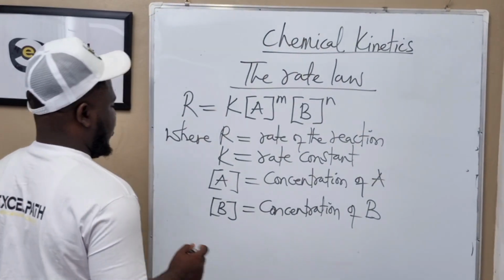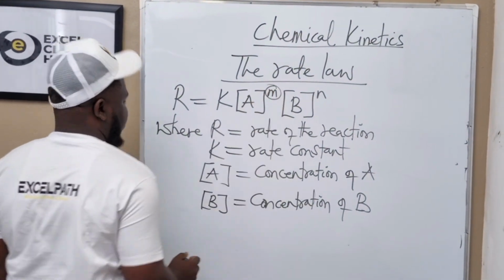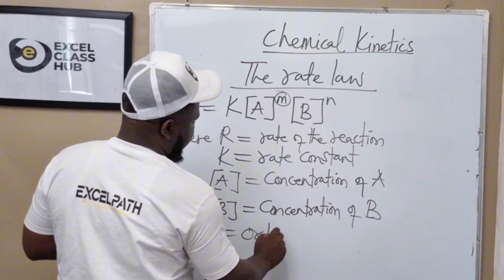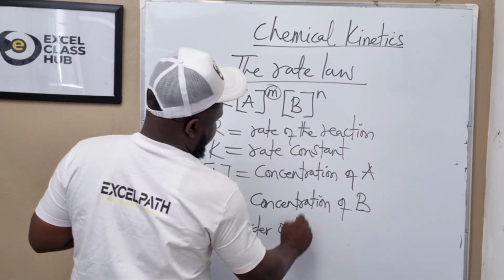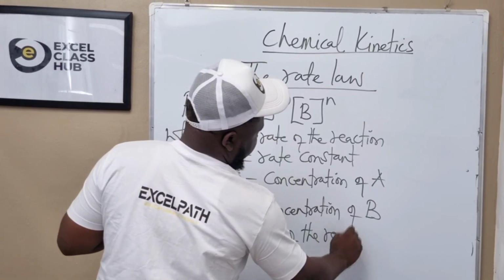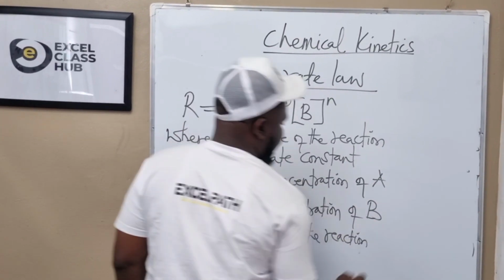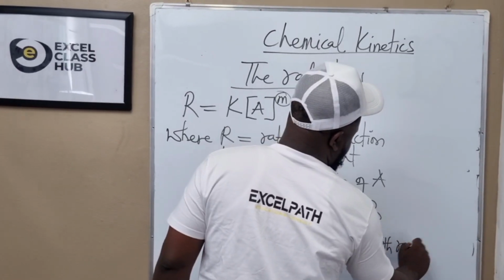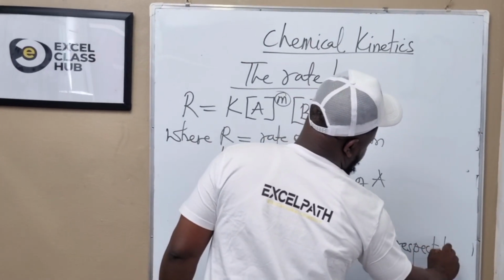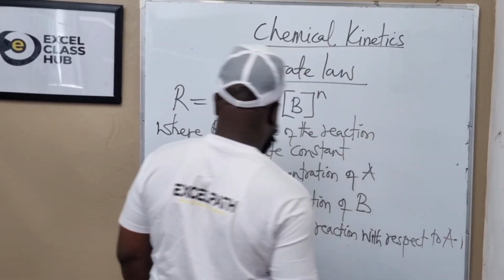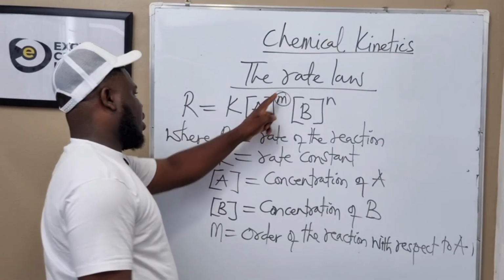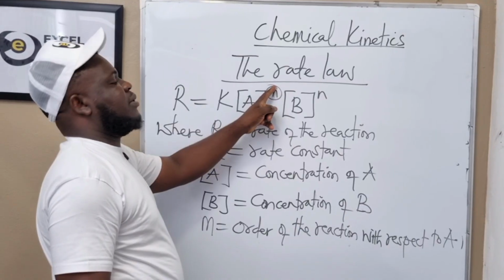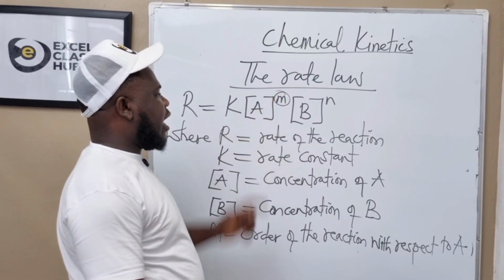Then our M is order of the reaction with respect to A. Anything here, not necessarily M at times. At times it could be X, it could be Y, anything at all.